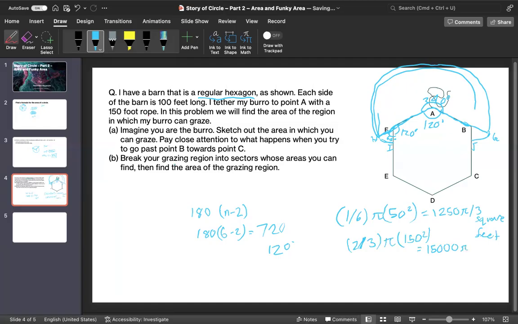So now let's add up. I'm gonna use this little space here. We have 15,000 pi plus 2 times 1250 pi divided by 3, because as you can see, we only found the area of HFI, and JBG has the same area.